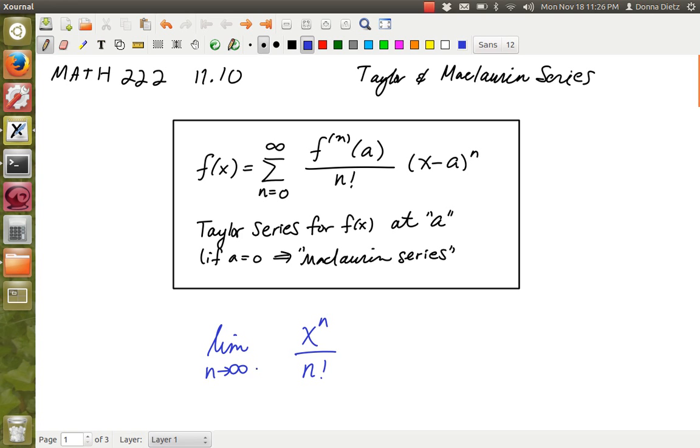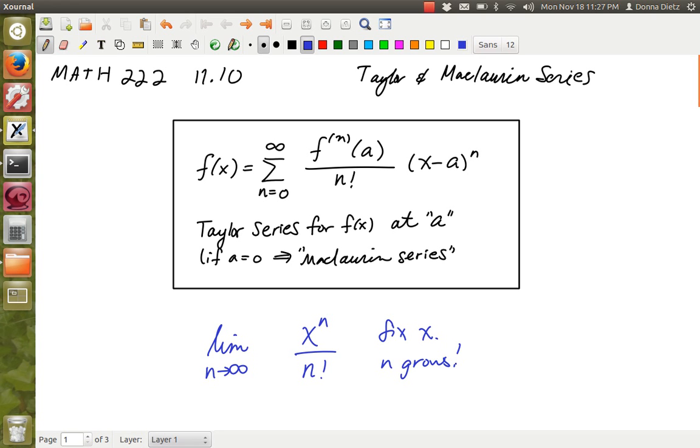And what's happening? You plant x down wherever you want, so you fix x, and n grows. Initially this thing is top heavy. Initially you assume that x to the 17 is going to be larger than whatever's on the bottom.